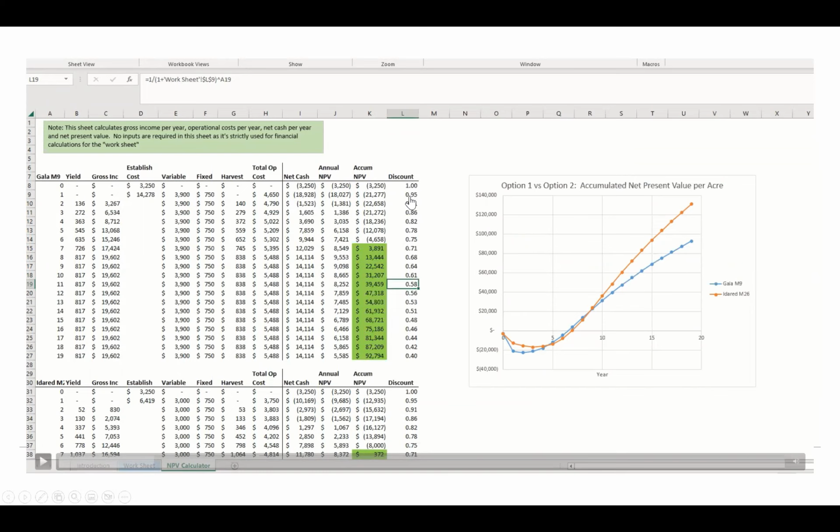In the first year, there's no discount because that's the year you have it. The net cash is negative 3,250, and the net present value is negative 3,250 because it's the same year.